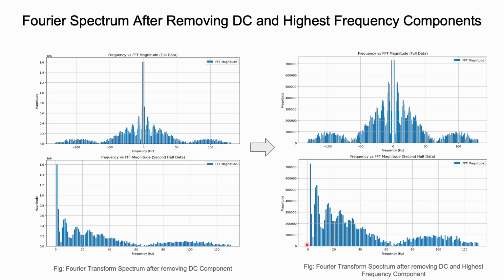This graph has the DC component removed along with the highest frequency component, but this one only has the DC component removed, which was part 1, and this is part 2 of our image processing technique. We successfully removed the DC and highest frequency component, which can also be confirmed by checking the magnitude spectrum in this graph.